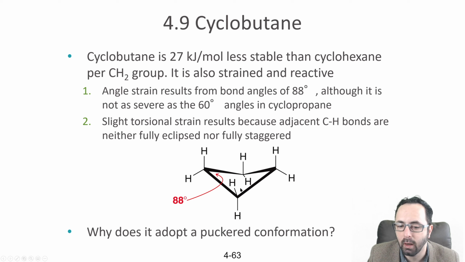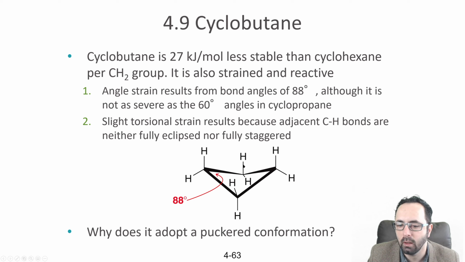It's a little smaller than that, but these other angles are bigger. So angle strain results from the bond angles of 88, which is not as severe as 60 degrees. But this ring shape puckers to avoid the torsional strain of having hydrogens that are right next to one another and in an eclipsed formation here.